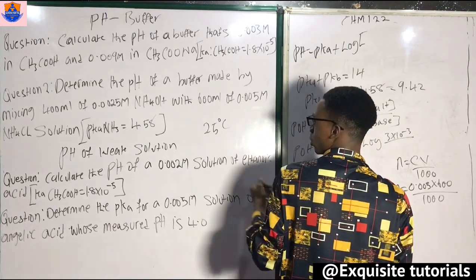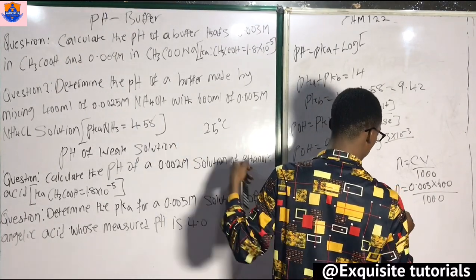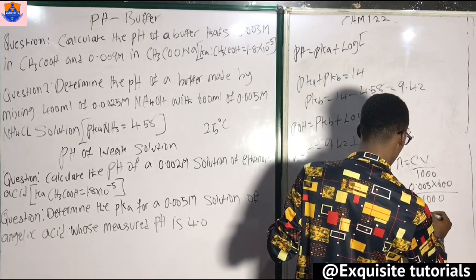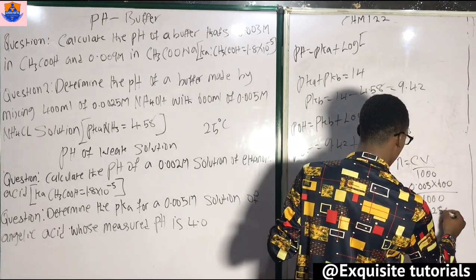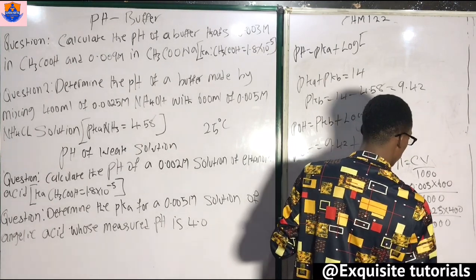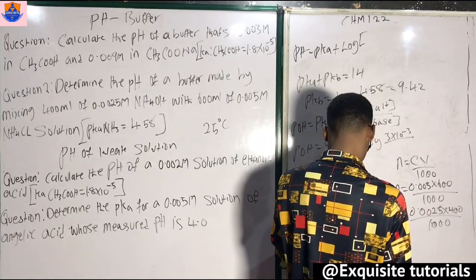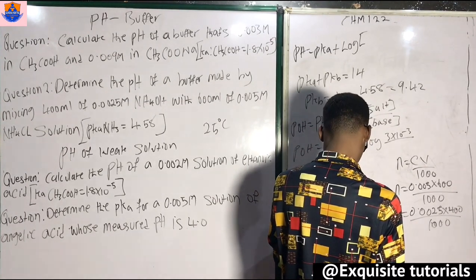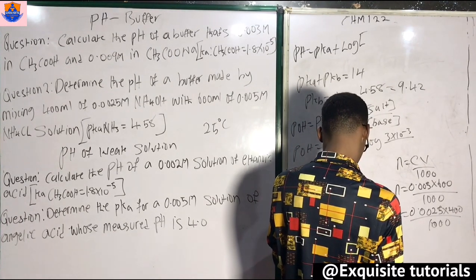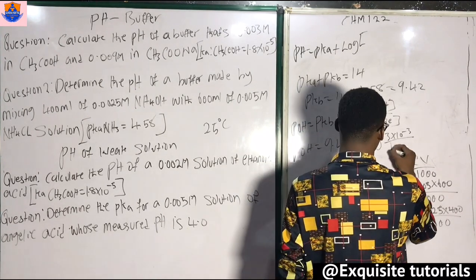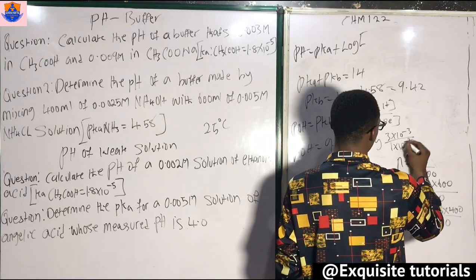Then looking at the other one, n will be equal to 0.025 times 400 over 1000. That is 1 times 10 to the power minus 3. So this cancels this.